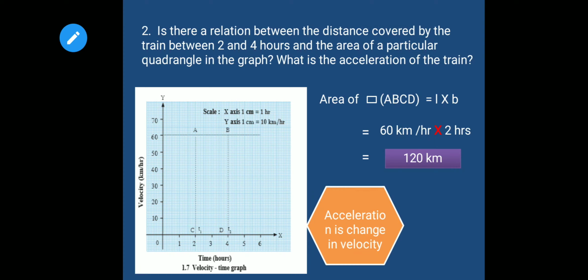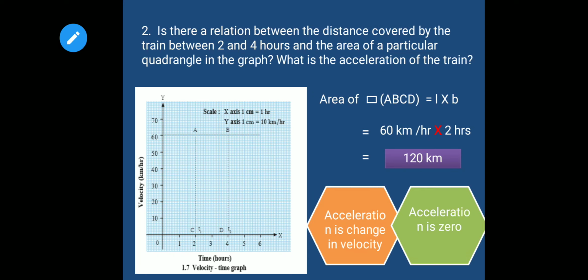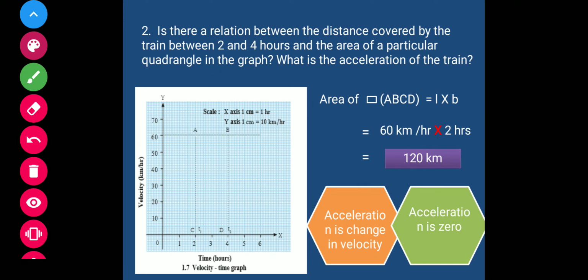There is no change in velocity, and we know that acceleration is change in velocity. So as there is no change in velocity, acceleration is 0 here. Okay, so this is very important. Acceleration is change in velocity. There is no change in velocity, so acceleration is 0 here.